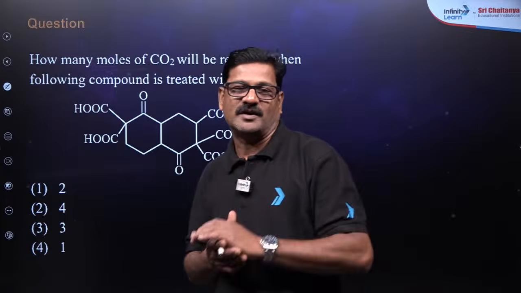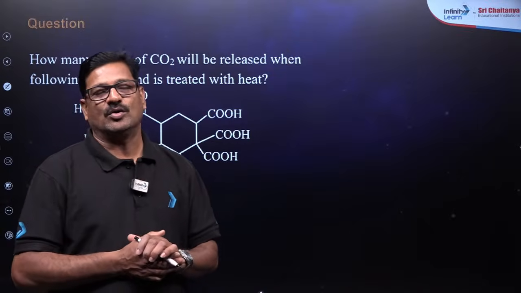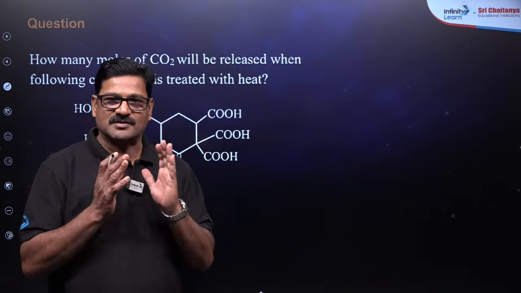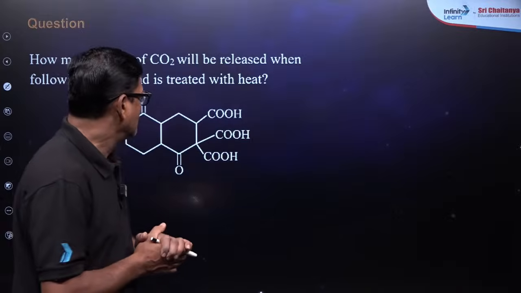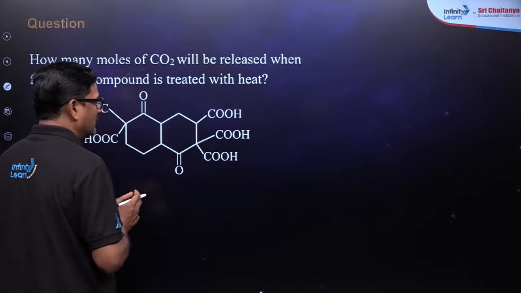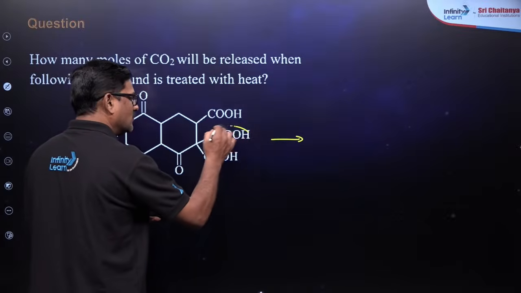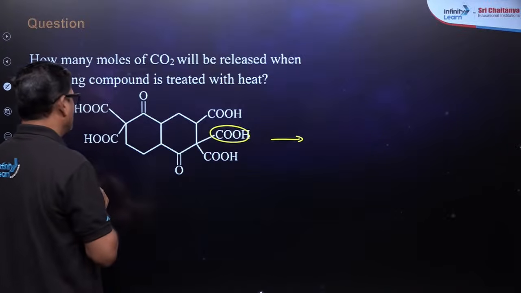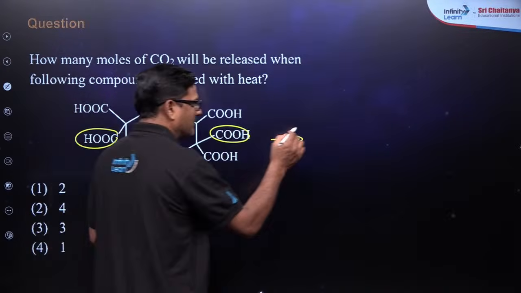And one more important thing, a beta keto carboxylic group is easily decarboxylated on heating. So when you heat it, one can be decarboxylated, and this is decarboxylated. So you are going to get this.